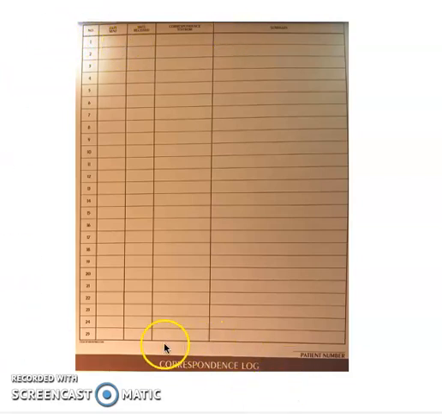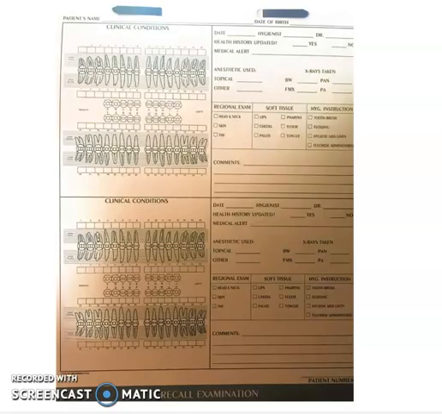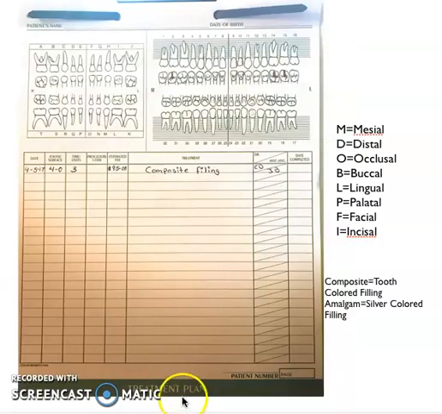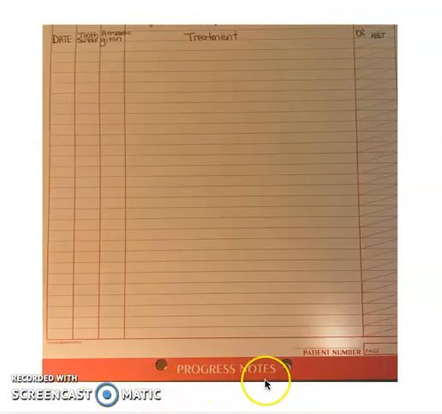So correspondence is any time that the dentist talks to someone in another office, they have a place to record those notes. Okay, I hope this will help you a lot. Be sure you pay close attention to the records when we say treatment plan. This is the way to set your room up. Progress notes, this is what you have actually performed on the patient's tooth today.